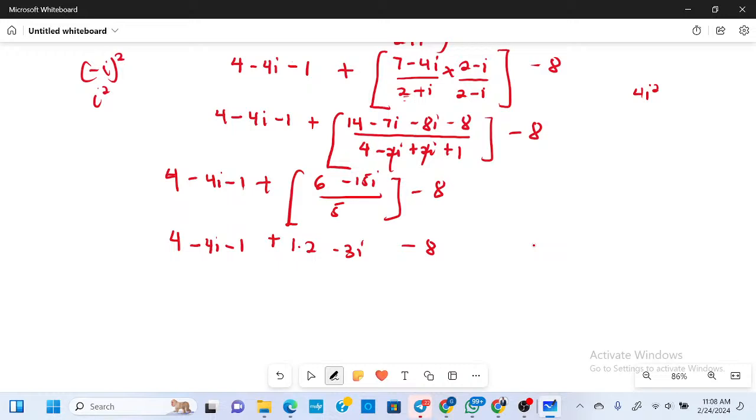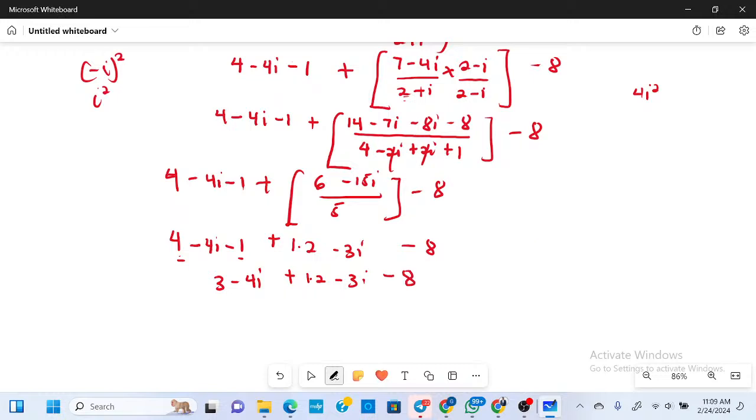So 4 minus 4i minus 1 plus 1.2 minus 3i minus 8. At this point, I'll just add my real parts. 4 minus 1 will give me 3 minus 4i, plus 1.2 minus 3i minus 8.